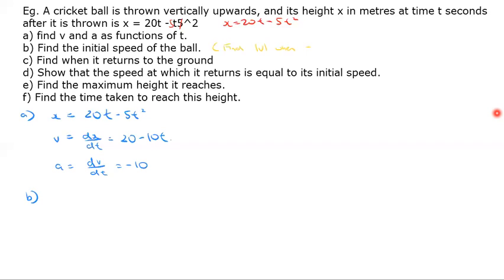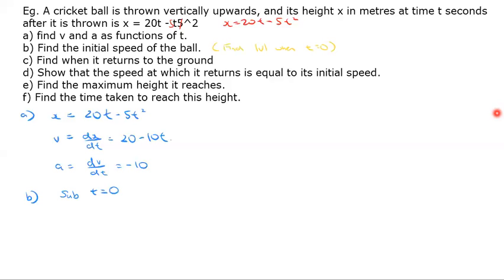At 0. Yes, exactly. So rephrased, you're basically finding v when t equals 0. Does that make sense? And how would we do that? So v equals 20 minus 0, and then v equals 20.